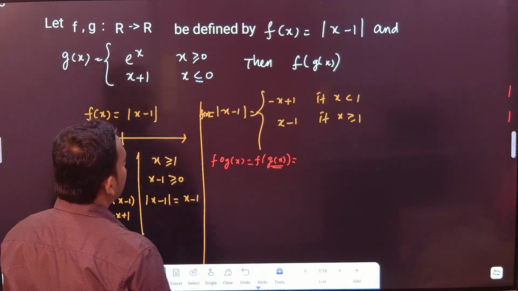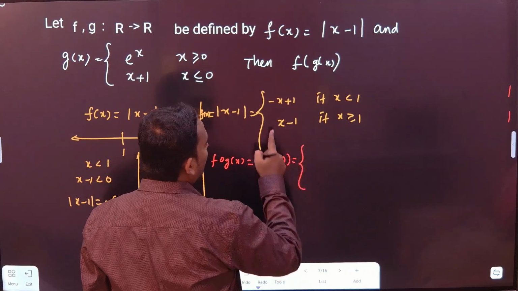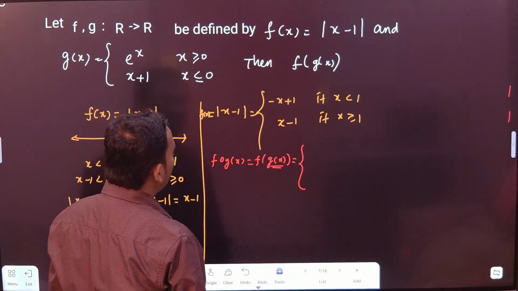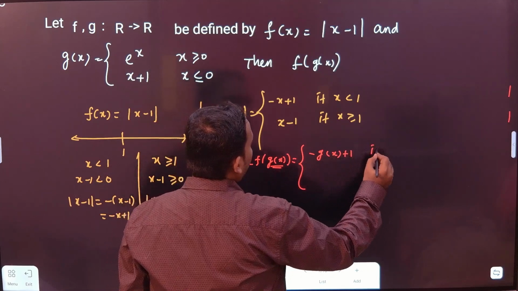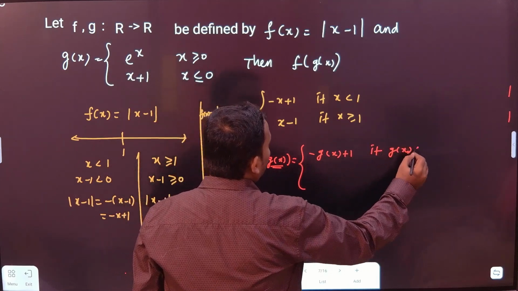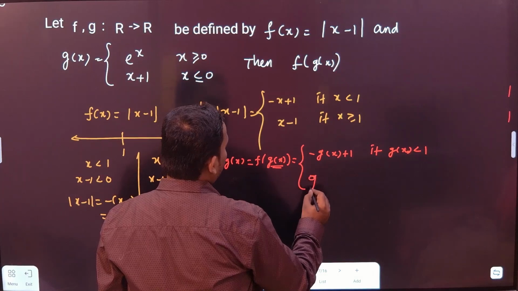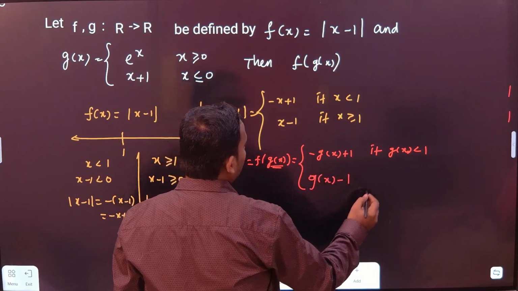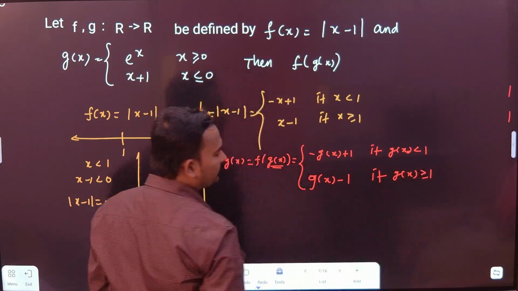Wherever x is there, you replace it by g of x. So minus g of x plus 1 if g of x is strictly less than 1, and g of x minus 1 if g of x is greater than or equal to 1.